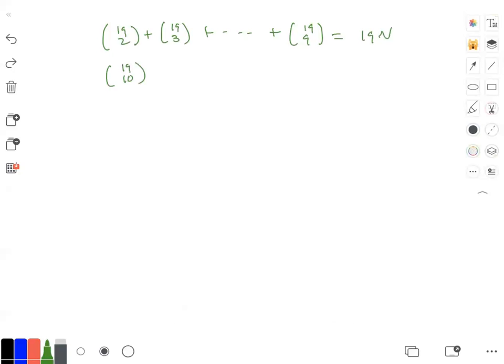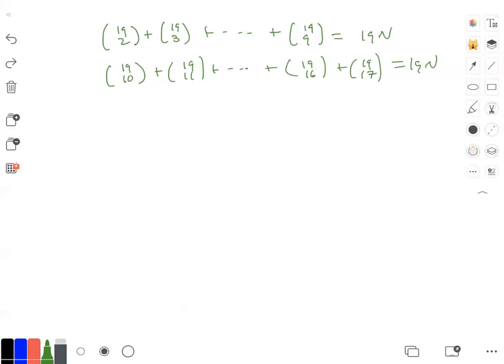In general, n choose k is nothing but n choose n minus k, and we can see that pretty intuitively. So 19 choose 8 will be 19 choose 11, all the way until 19 choose 16, and then 19 choose 17, and this will just be 19n.